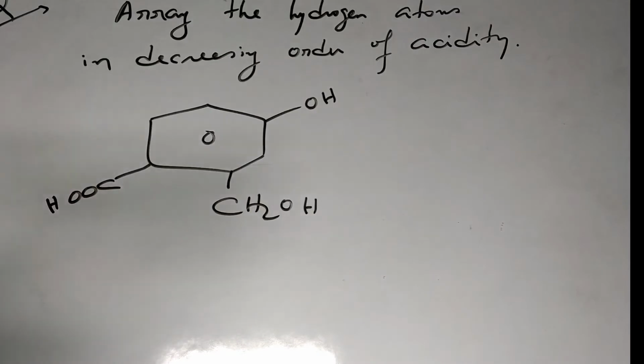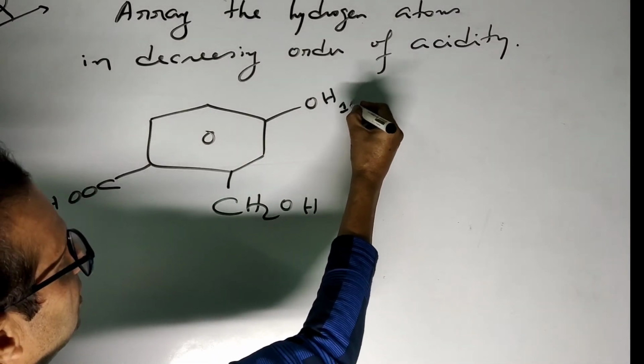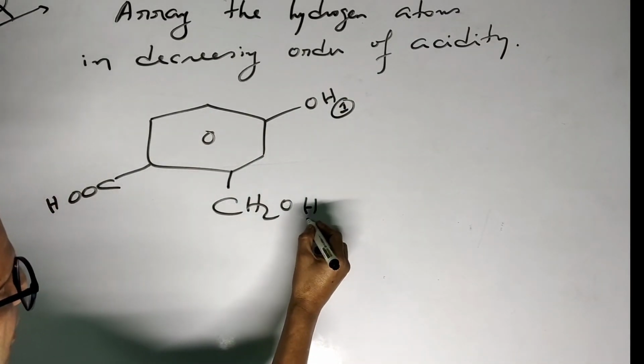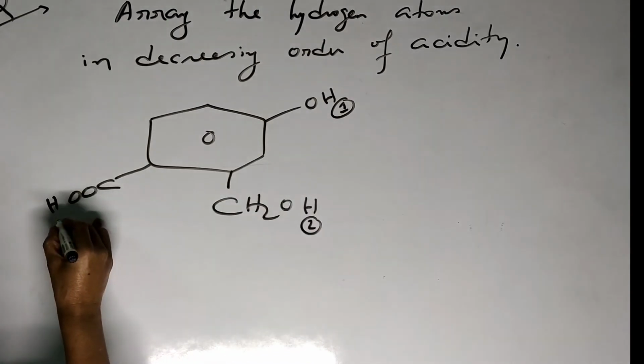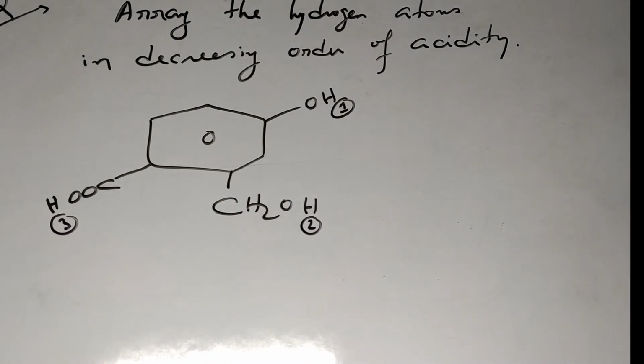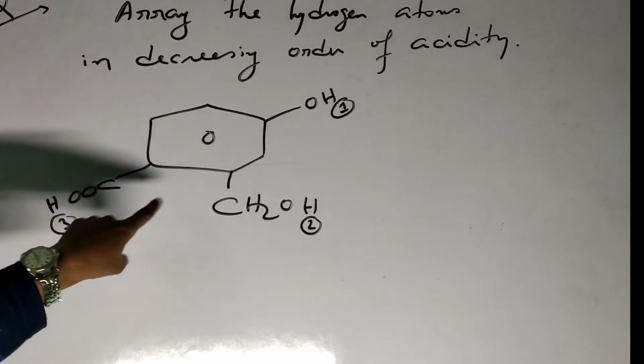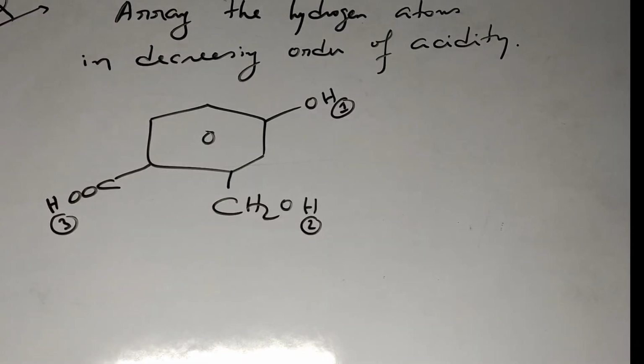This hydrogen I have marked as 1, this hydrogen is 2 and this hydrogen is 3. This is the last question, okay, please remain. So arrange these hydrogens in decreasing order of acidity, okay.